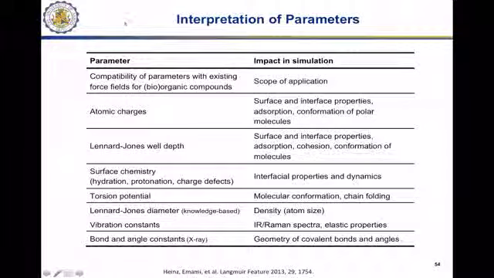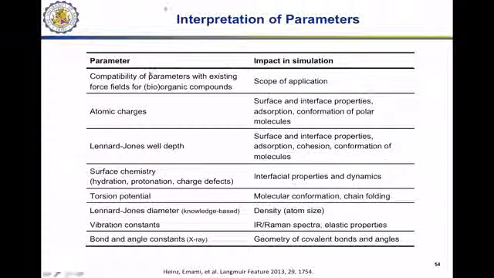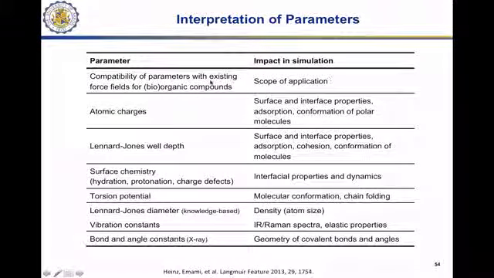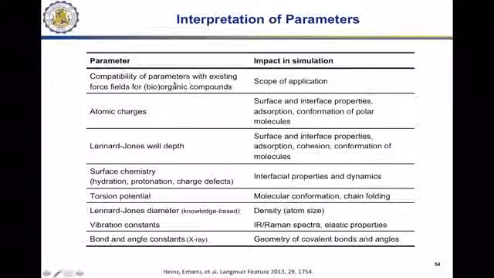Now, what we really pay attention to is interpretation of the parameters. So we don't actually have any numerically fitted parameters that are not assigned a clear chemical or physical rationale. The first thing to check off is that it's widely compatible with the existing energy expressions for organic compounds. Then atomic charges, they have a huge impact on surface and interface properties.